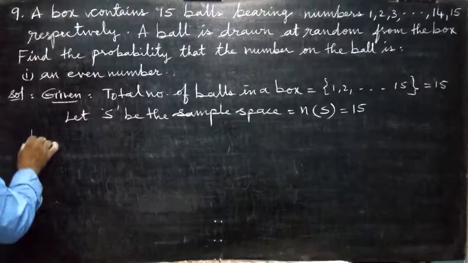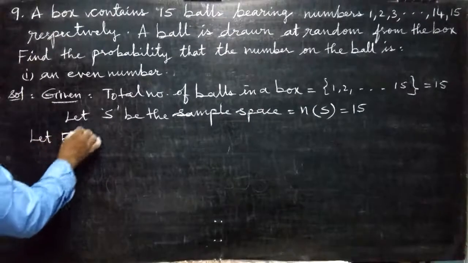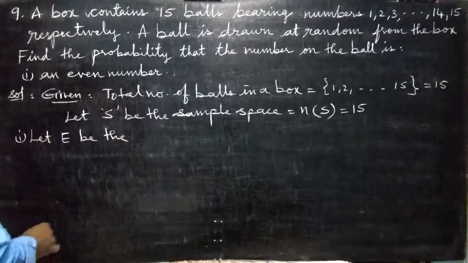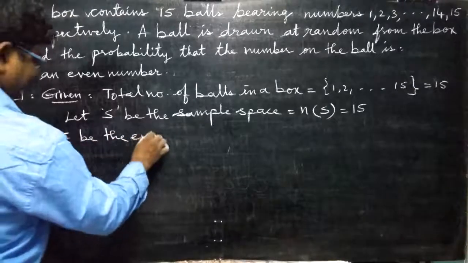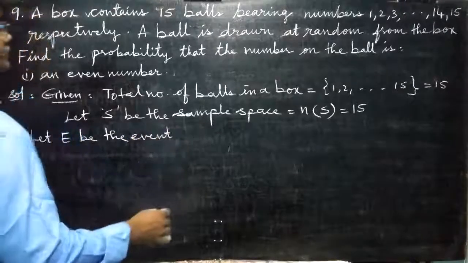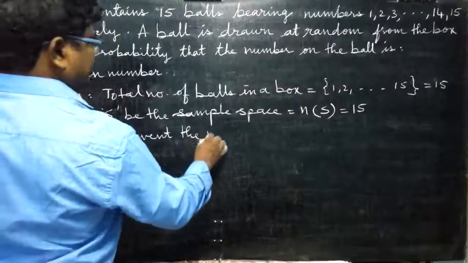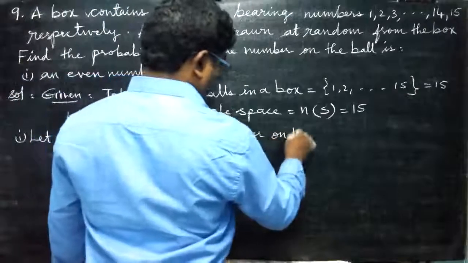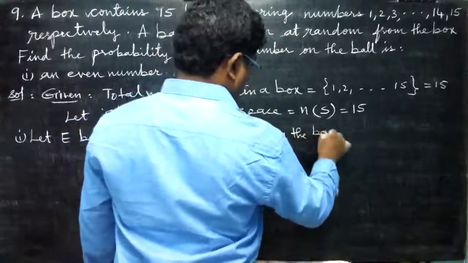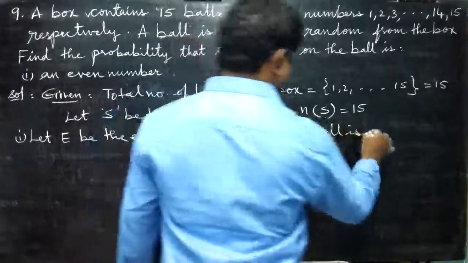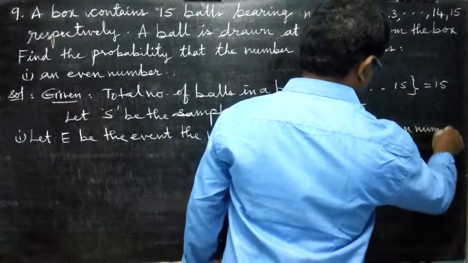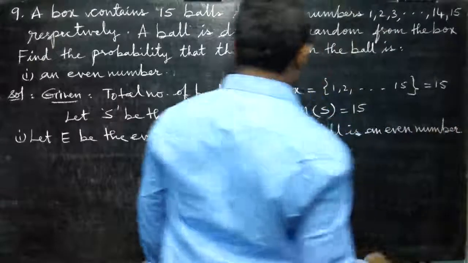Now what is the event? This is the first bit in this problem we are doing. Let E be the event that the number on the ball is an even number.